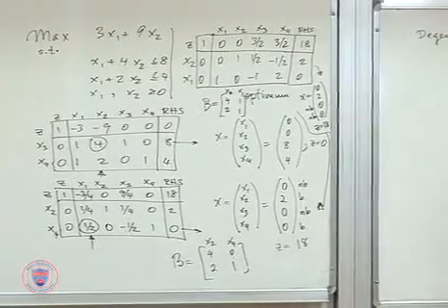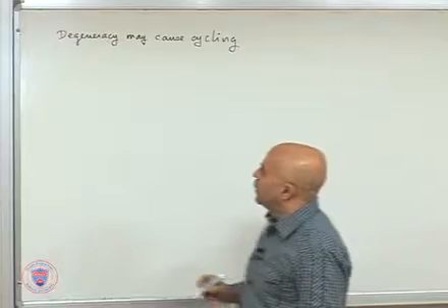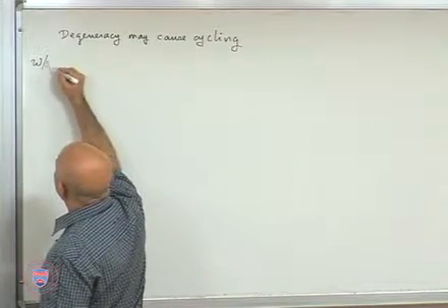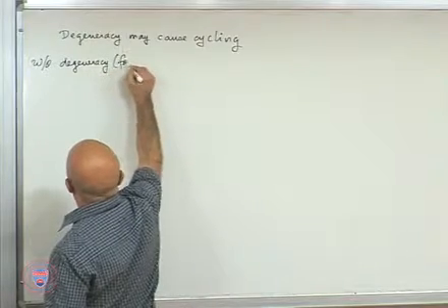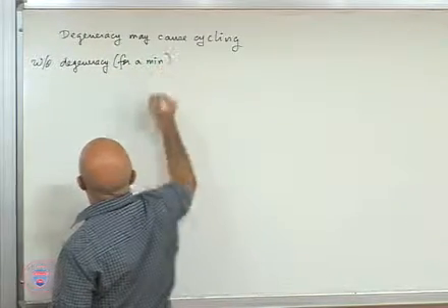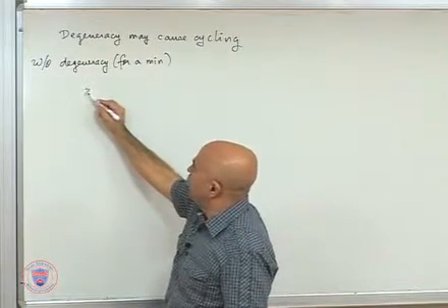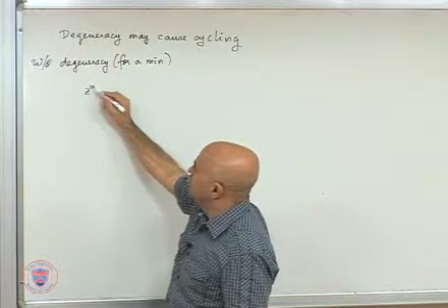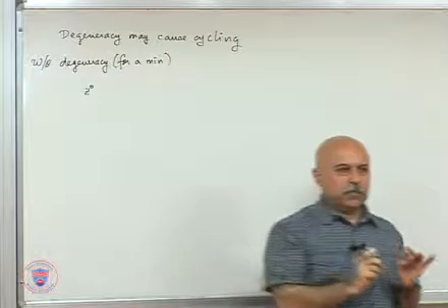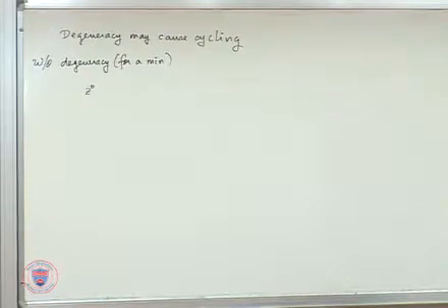And one important message here is that degeneracy may cause cycling. How does that happen? Well, without degeneracy, for a minimization problem, what happens is if you begin with an objective value of, say, z0, suppose z0 is the initial objective value corresponding to the initial basic feasible solution that you begin with.